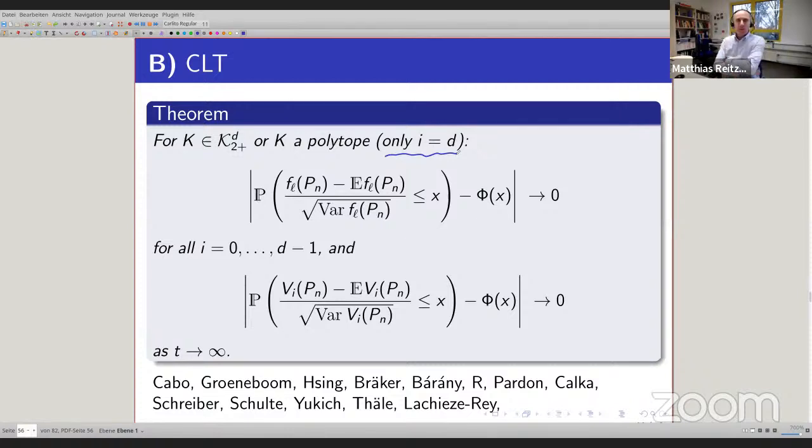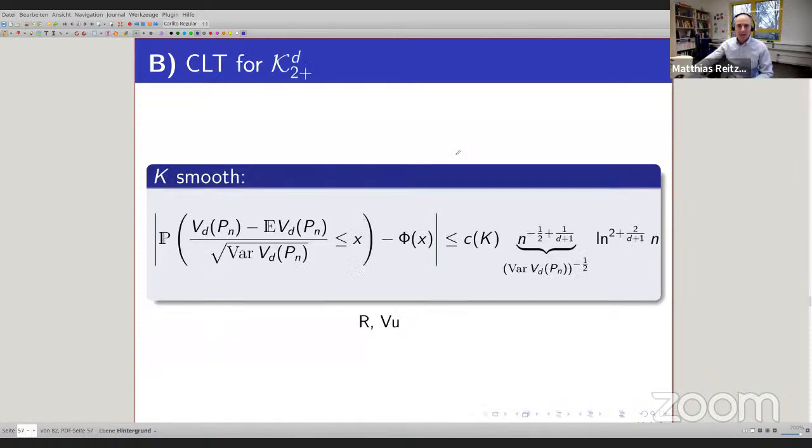These theorems have been proved using Stein's method, and Stein's method comes in most cases with an error term. So we get a quantitative central limit theorem. And I want to point out what was going on here in the last years. So say for the volume case, if K is smooth, then there were central limit theorems, and we could give an estimate for the difference between the distribution function of the normal distribution, so this is the normal distribution, and this is the normalized or standardized distribution of the volume difference.